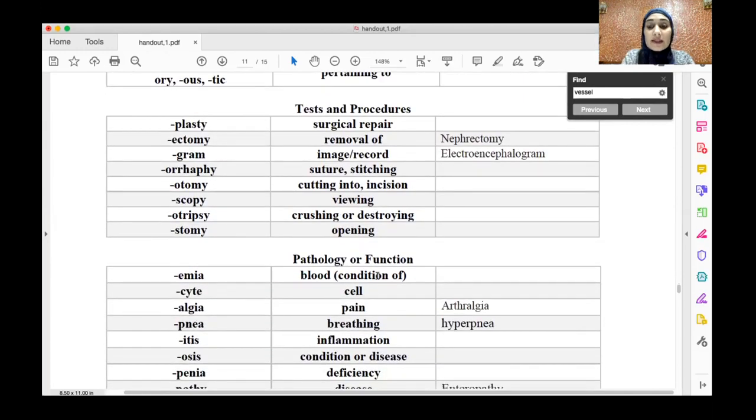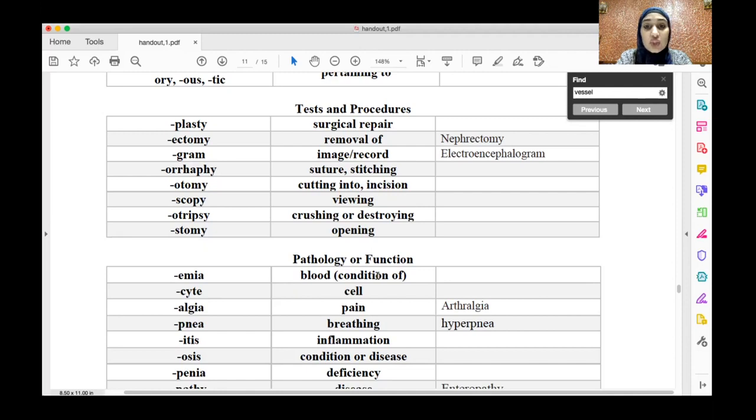All right. Some suffixes refer to tests and procedures, like surgery, for example. Plasty means surgical repair. Ectomy means removal of, like nephrectomy means removal of the kidney.